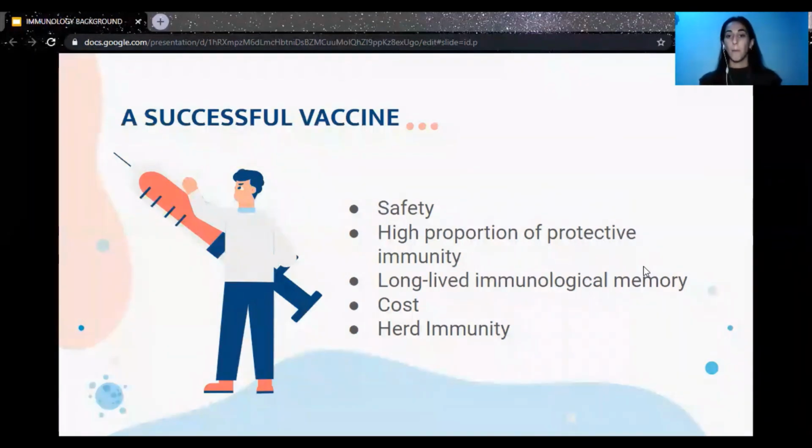Second, the vaccine must be able to produce protective immunity in a very high proportion of the people to whom it's given. Third, particularly in poorer countries where it's impracticable to give regular boosters because people are living in rural populations, a successful vaccine must generate long-lived immunological memory.